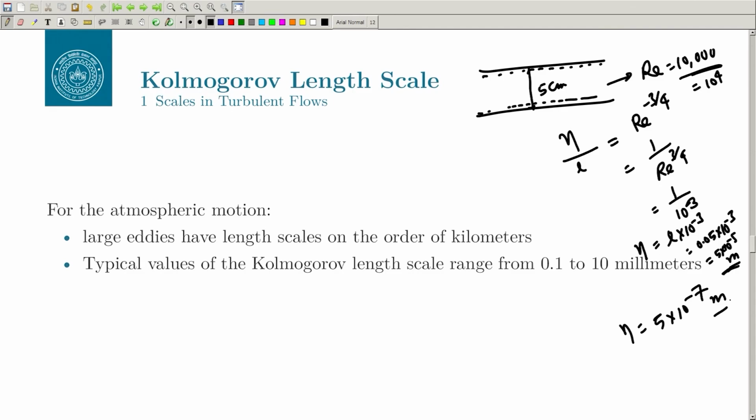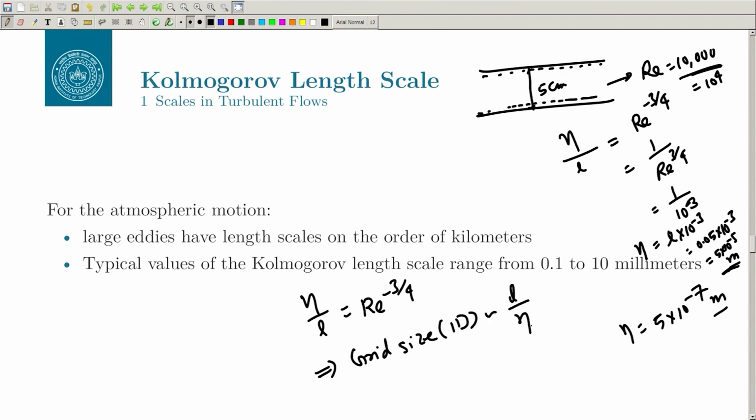By the same argument, eta by L is equal to Re to the power minus 3 by 4, so your grid size in 1D, the largest to the smallest, will be Re to the power 3 by 4.